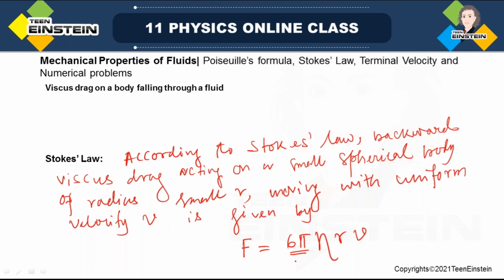Here the viscous force depends on the coefficient of viscosity, the radius of the sphere, and the speed of the sphere. That's why we have 6 pi eta r v. Anyway, now we'll try to derive this formula.